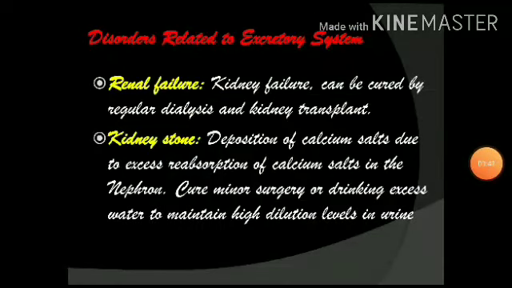The second major issue the kidneys face is deposition of calcium salts, also known as kidney stones. As we all know, tubules reabsorb minerals and water. Out of these minerals, one of the most important is calcium.